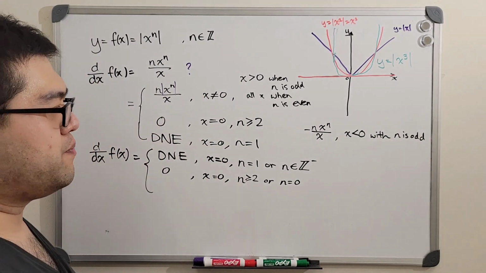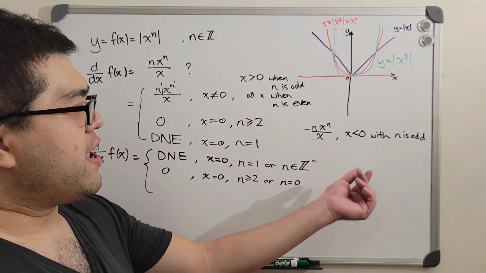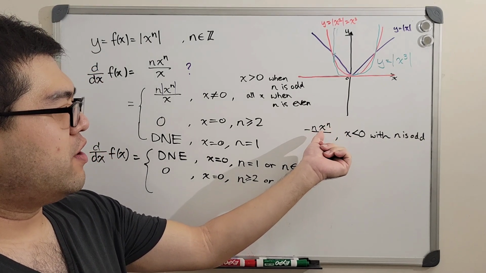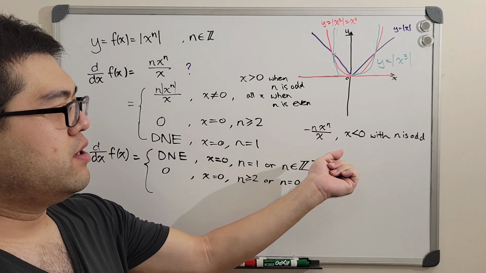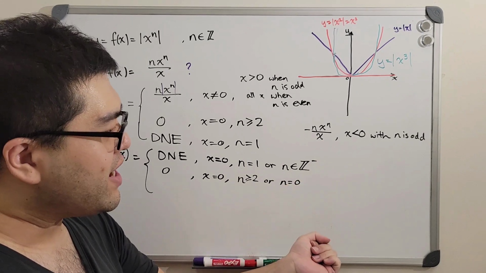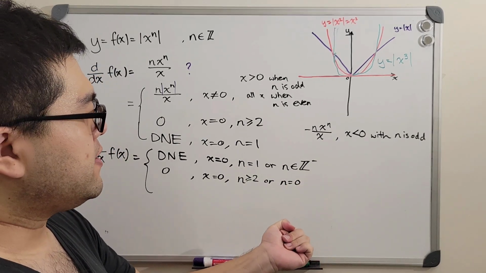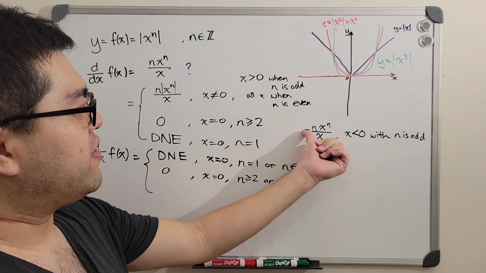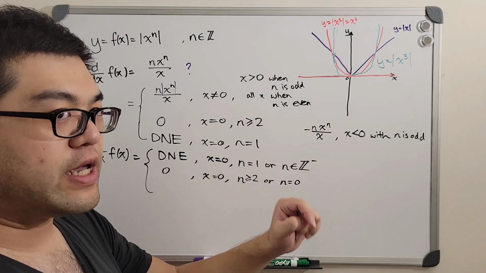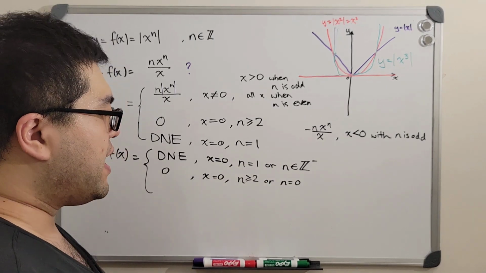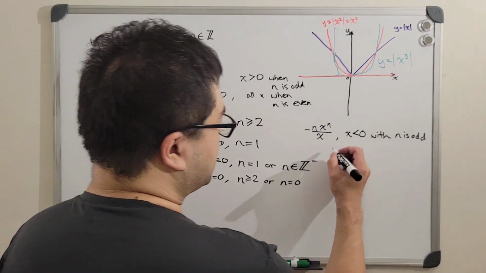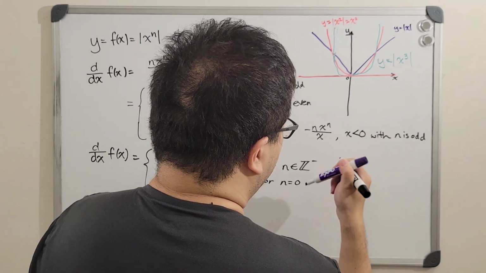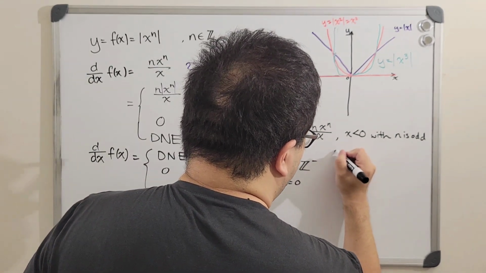Notice that when n is odd and x is less than 0, of course x to the n power, which is an odd power, has to be negative. And then we just have another negative here combined together to make it positive. That is in fact the same as putting the absolute value sign on the x to the n power term.